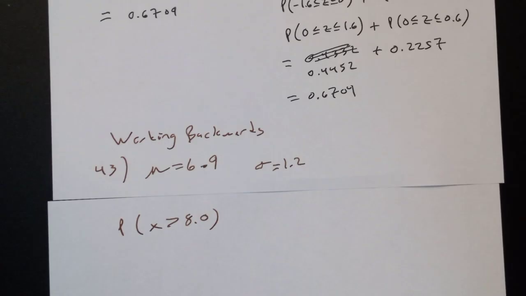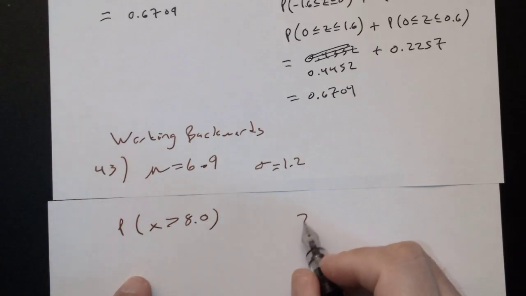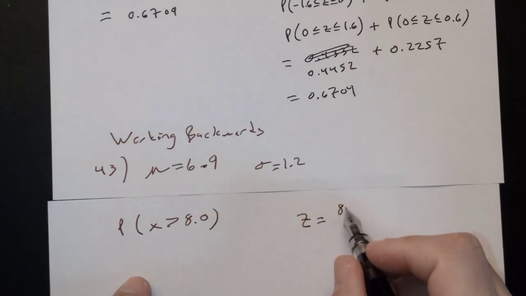This is the exact same type of calculation we just did, right? So I can say, what I really need is the z-score for 8 pounds.